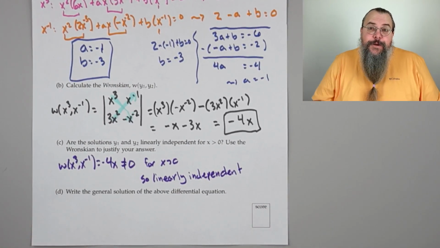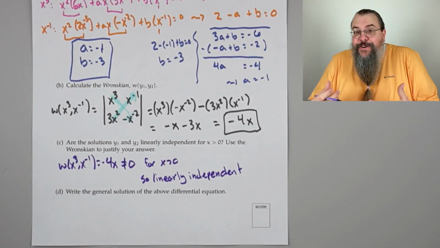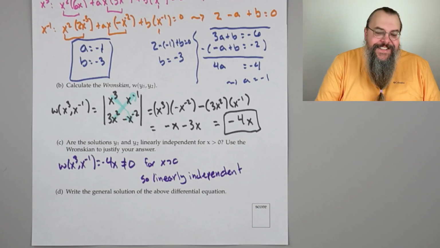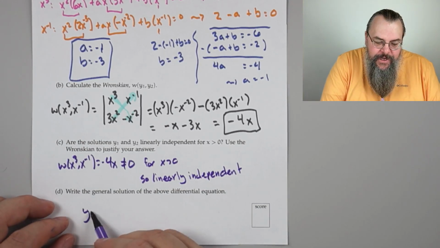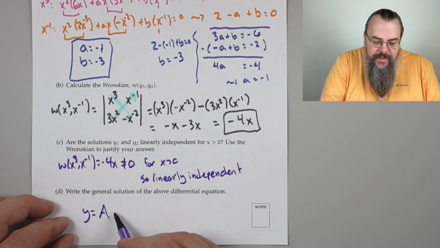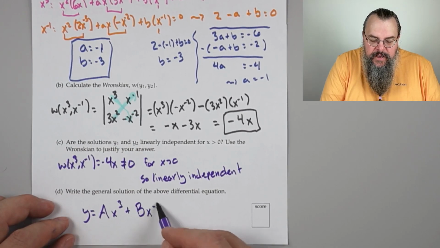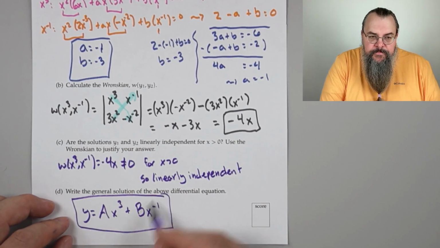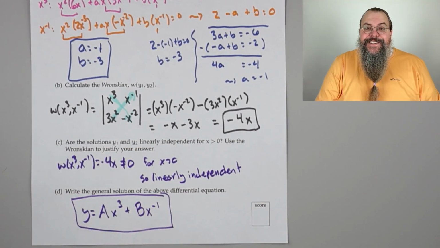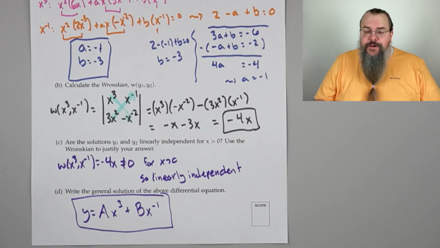Indeed, it would be a superposition for us. Yep, so we have y is a times the first function plus b times the second.